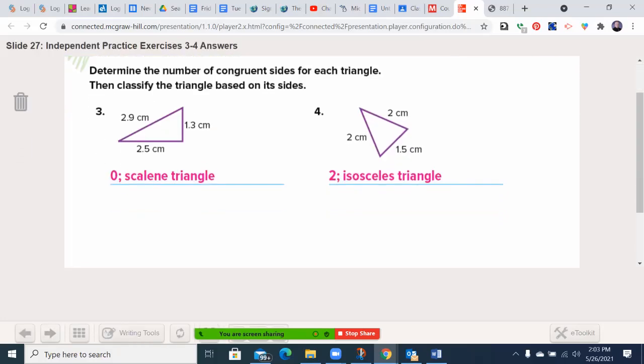There were no congruent sides, so that's where you determine the number, and it's a good idea to write them down. 2.9, 2.5, and 1.3. None of them are the same. And if there are no like or congruent sides, that is scalene. Over here, we had 2, 2, and 1.5. Those 2 are the same. And when you have 2 sides the same, that is isosceles.